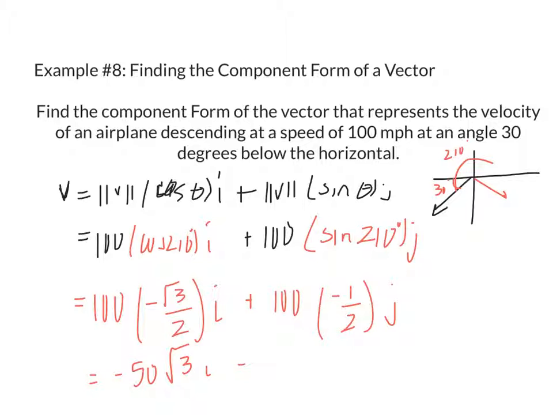Minus, because 100 times negative 1 will give us negative 100, and then divide that by 2, and that's negative 50. So minus 50j. And then to finally put that in component form, we will get as an answer negative 50 square root of 3, comma, negative 50. Okay, and that is our final answer.